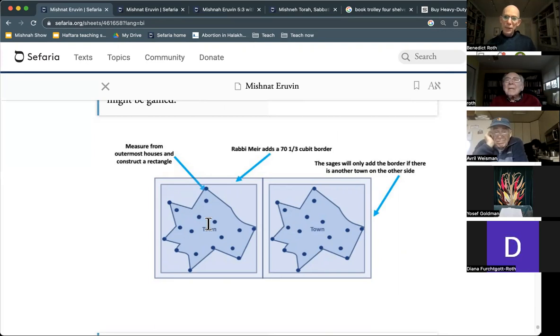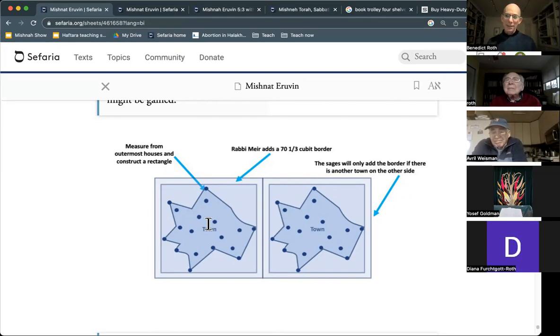But we don't measure the boundaries tightly. We take a square and we superimpose the square on the boundary of the town such that we always end up with a square-like object at the end. And then, in the words of the Mishnah, we can use the corners. We saw this concept before, using the corners. So that's how we're going to measure our town.